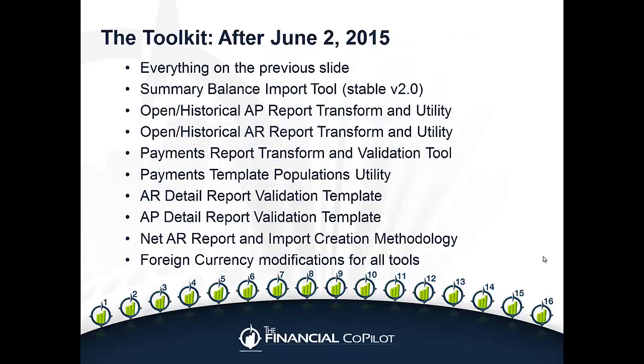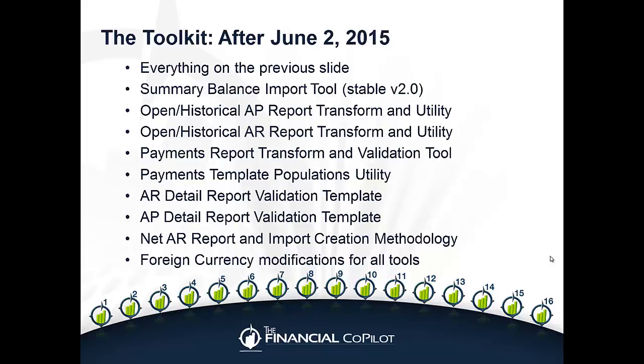So the toolkit after June 2nd, 2015 includes everything you saw on the previous slide, as well as a summary balance import tool, meaning we can now do historical balances for certain periods and mix that in with other periods where they would like to have detailed GL information.